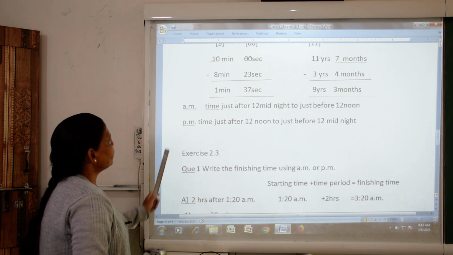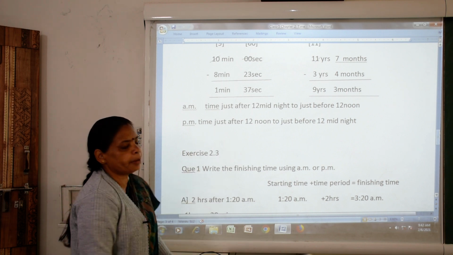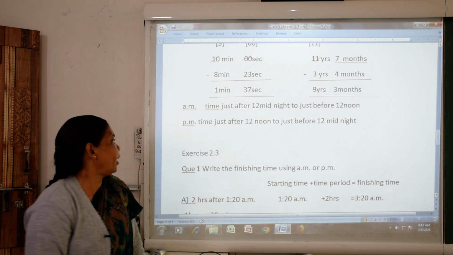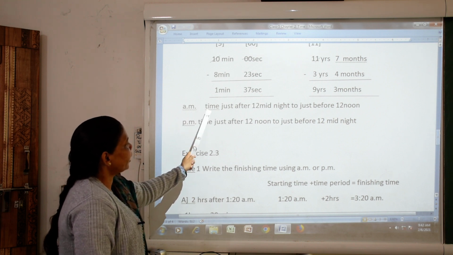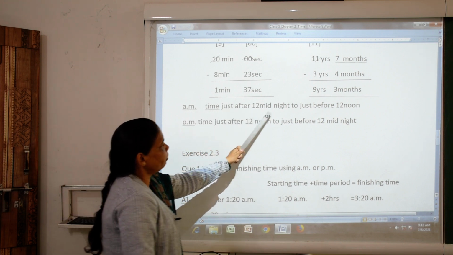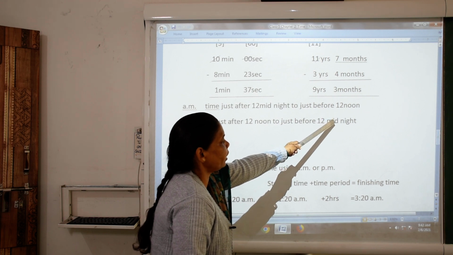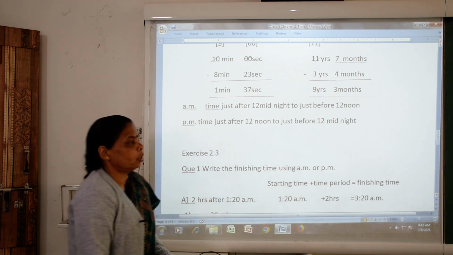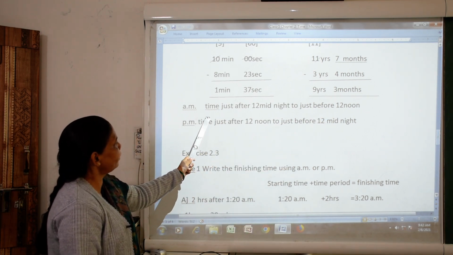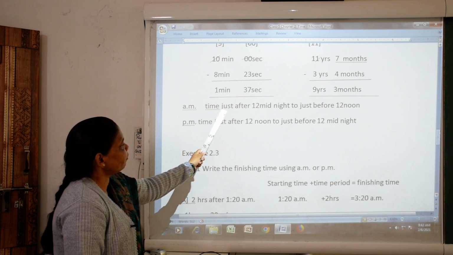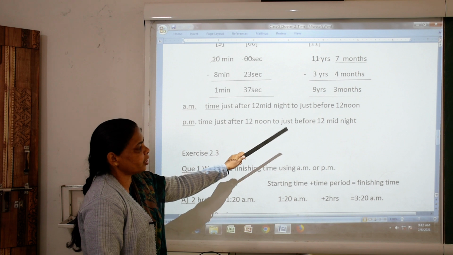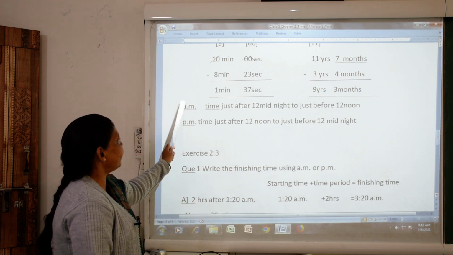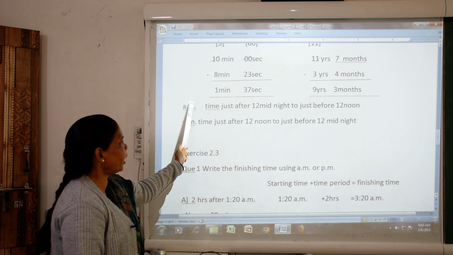Now children, you have seen the time, we will write the time with AM or PM. AM means ante meridian, the time just after 12 midnight to just before 12 noon. Children, you know, just after midnight, from 12 at night to just before 12 noon, we will write AM.